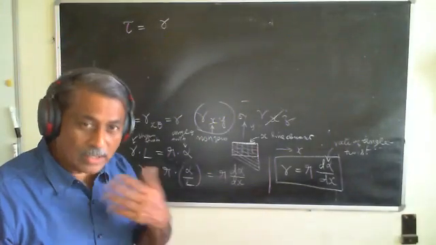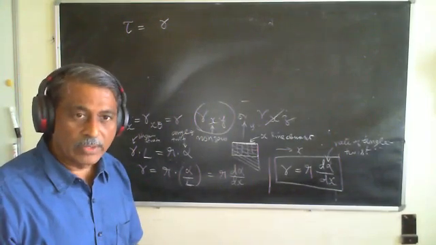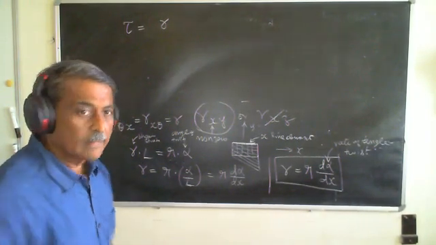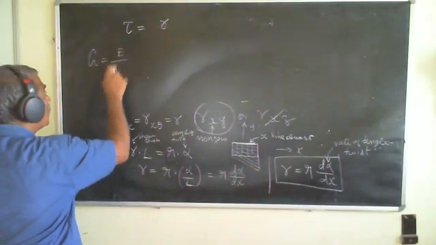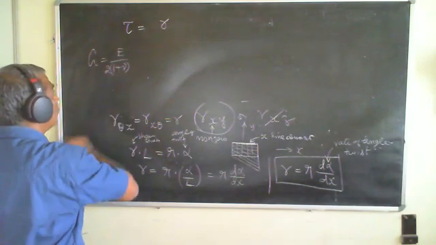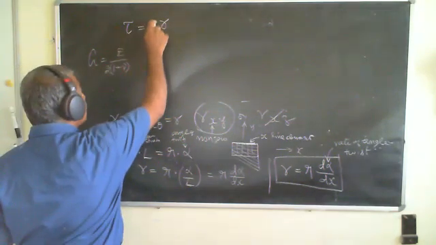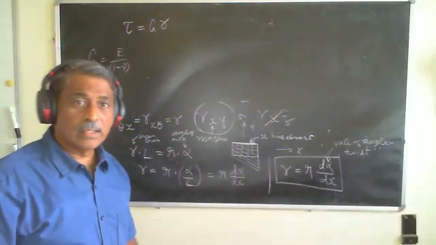We also called it rigidity modulus or shear modulus. Do you remember? G. Yes, sir. Do you remember this? Tau is equal to G times gamma, right?